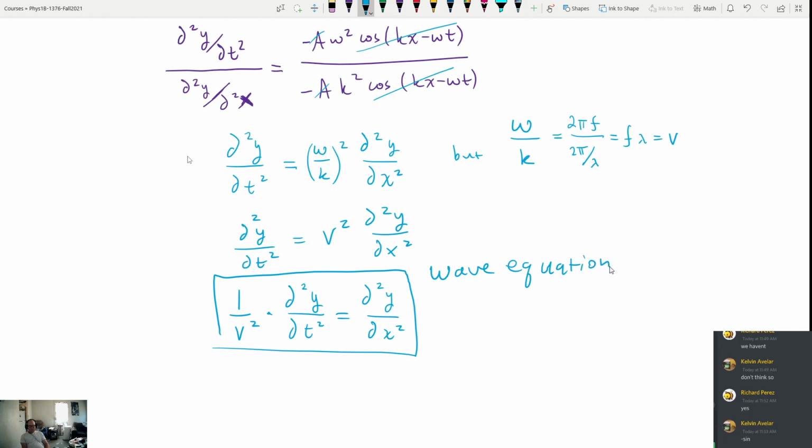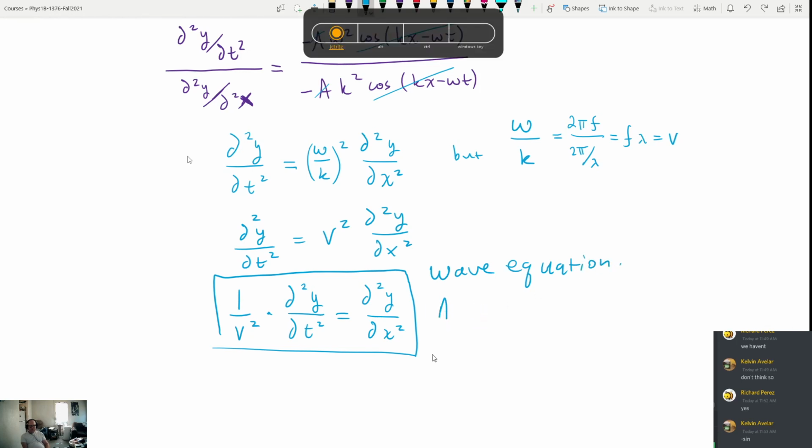Okay, so any function y, this is an extremely important equation in physics.